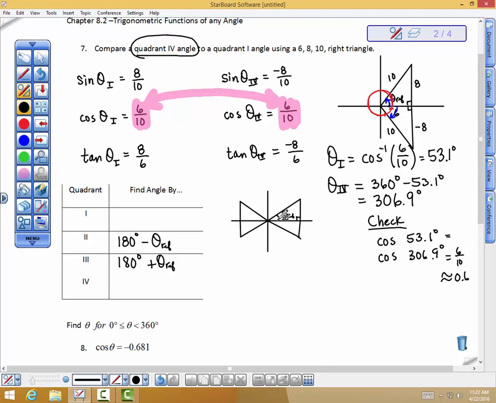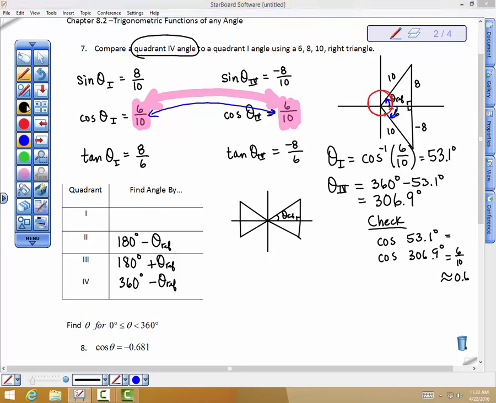And in that fourth quadrant, we went all the way around the circle to 360 and subtracted the reference angle to find the size of the angle. And I can use this table, this chart now, given that the values of the trig functions are positive in two locations and negative in two locations. I can use this idea by always finding the first quadrant angle, which is the reference angle, and referring to these statements to complete my work.